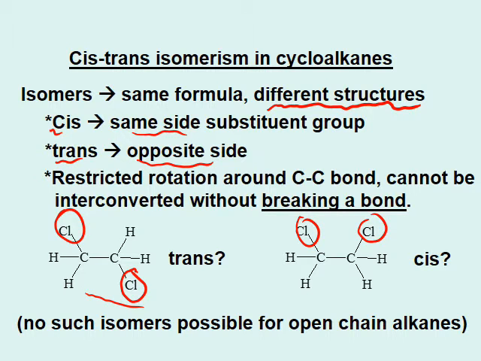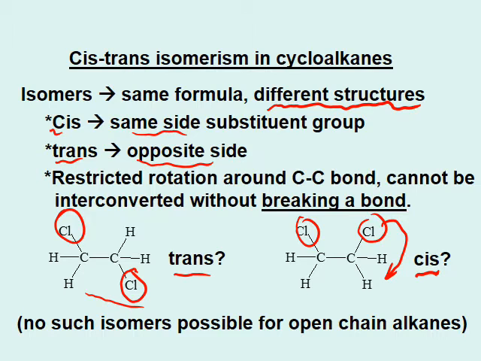The question is, would I call the right hand side molecule cis, and the left hand side trans? Answer is no. Since there is a single bond, I can simply rotate this compound so that the Cl from the top can come to the bottom. So when you can interconvert from one to the other, that means it's not a cis-trans isomer. It's not an isomer, it's the same compound.